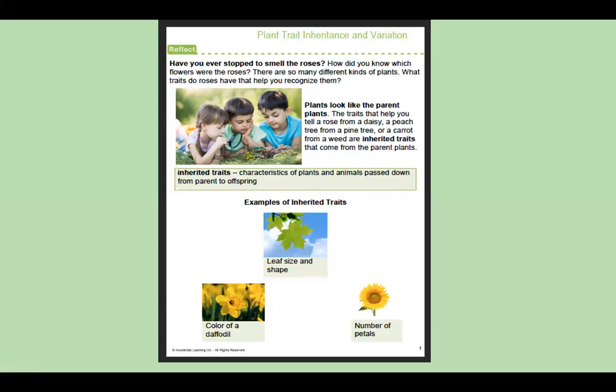Like both my parents have brown eyes and I have brown eyes. That's an inherited trait. So for plants, examples of inherited traits are leaf size and shape, color of a daffodil, number of petals. So those are all things that plants inherit from their parent plant.